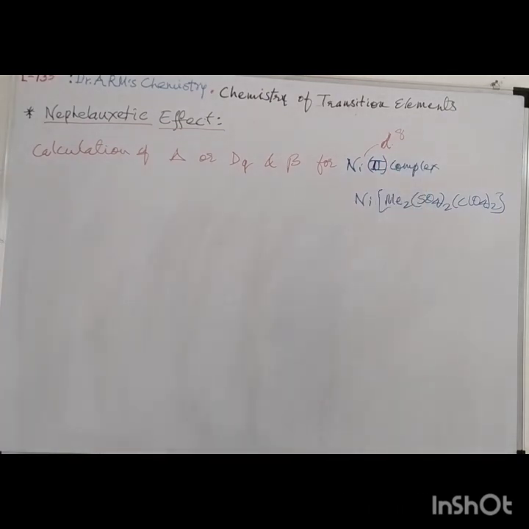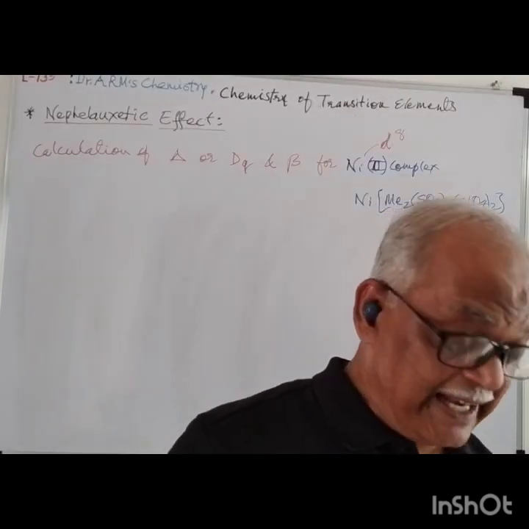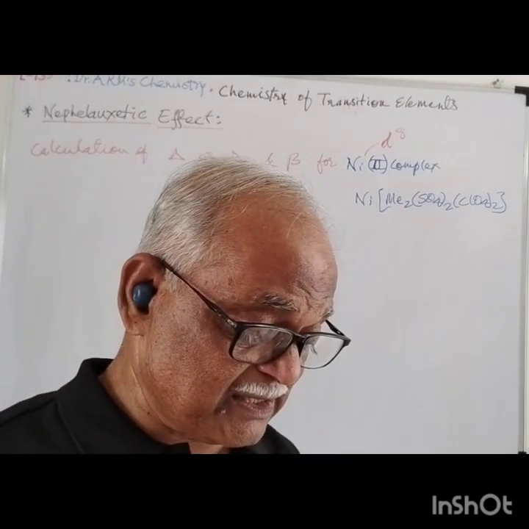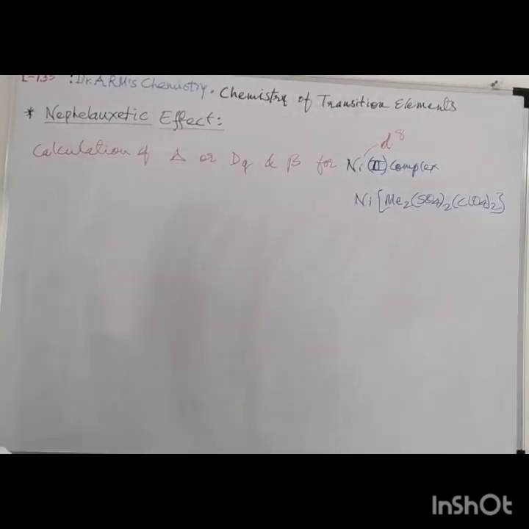Here we know that the dq and beta values we have already seen. The B parameter, the Racah parameter for ligands, and the Racah parameter for metal ion is B prime. So from this we can get beta.